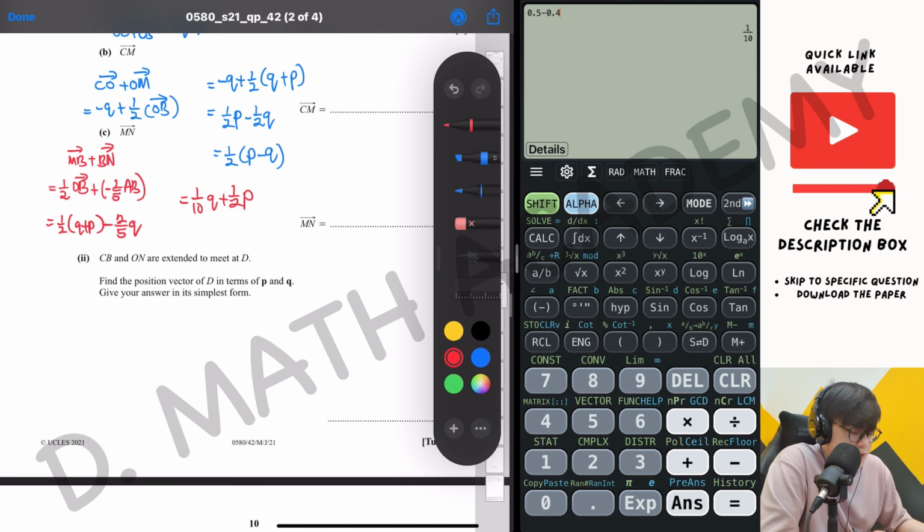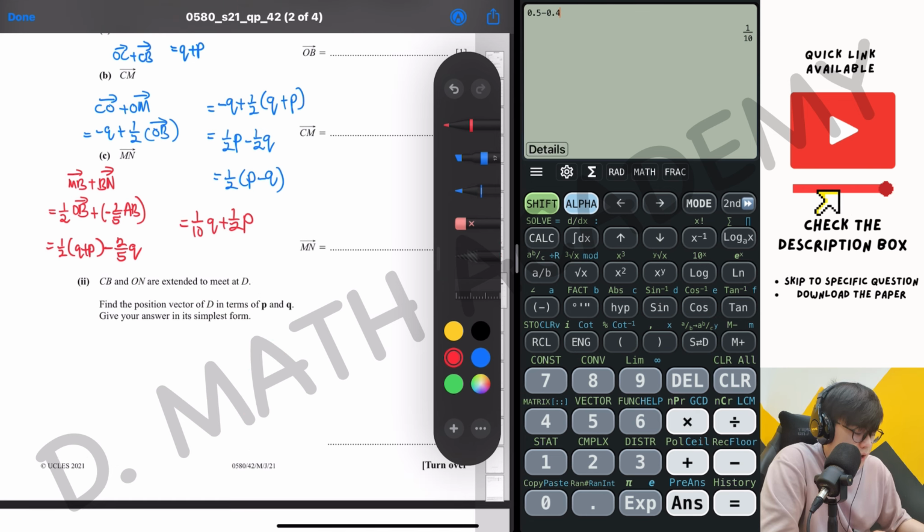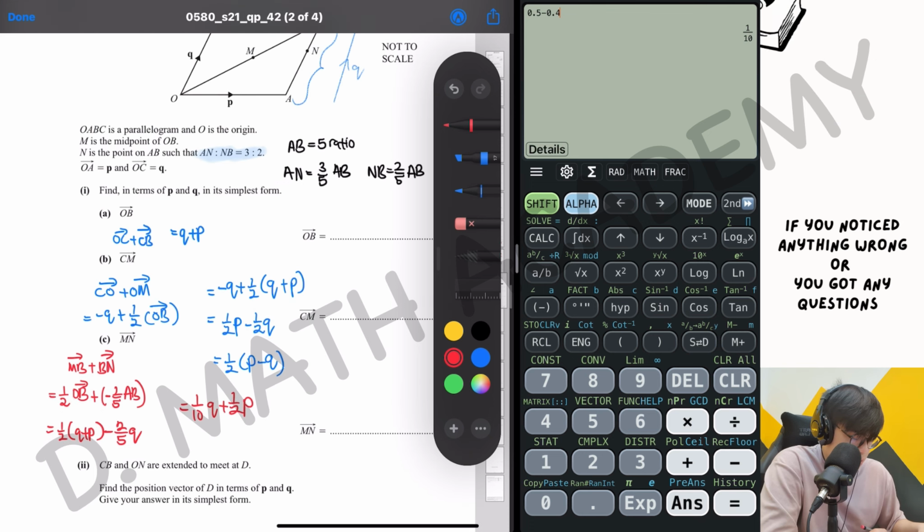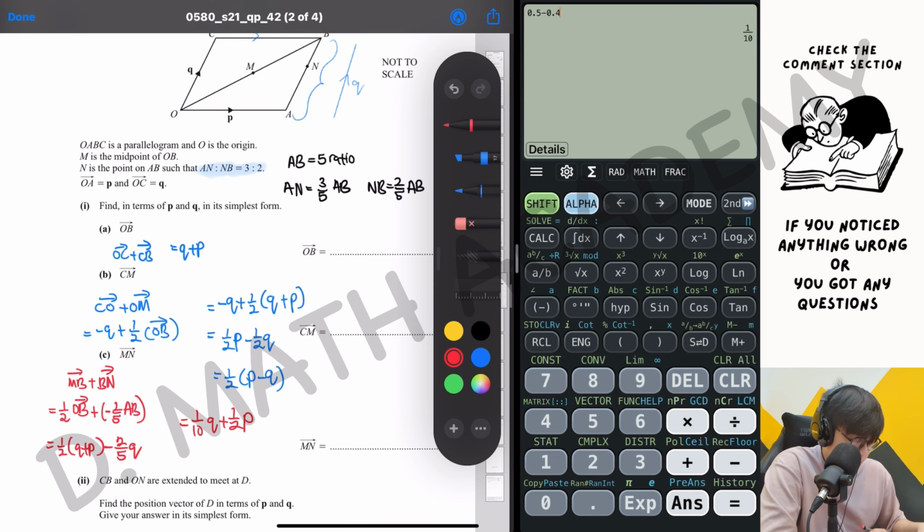For the next one, they say that CB and ON are extended to meet at D. Find the position vector of D in terms of P and Q. So CB and ON are extended.